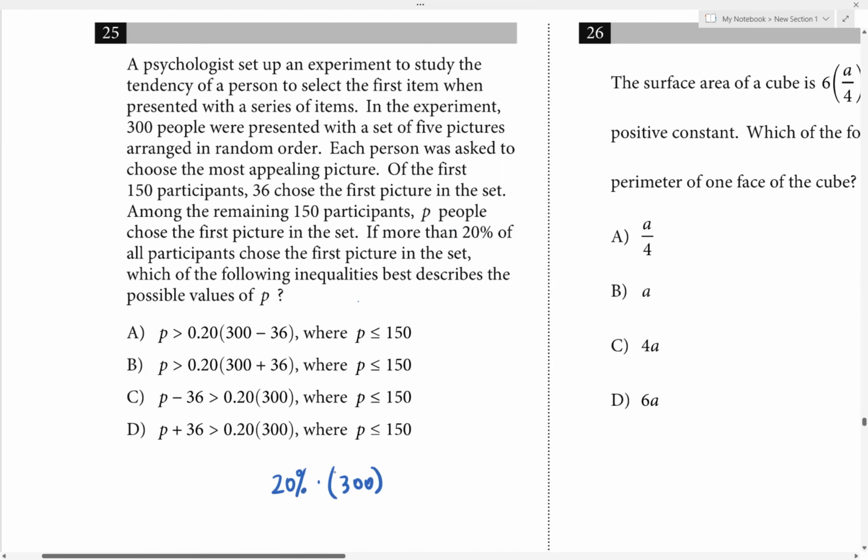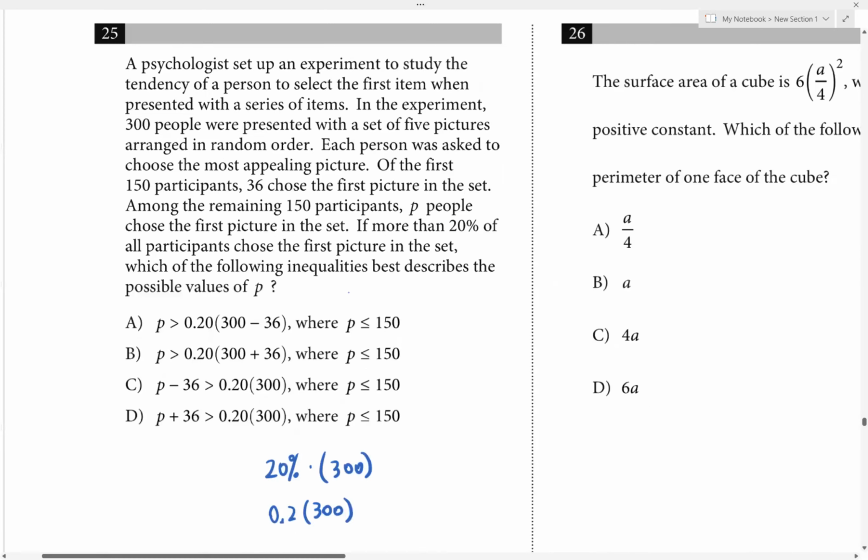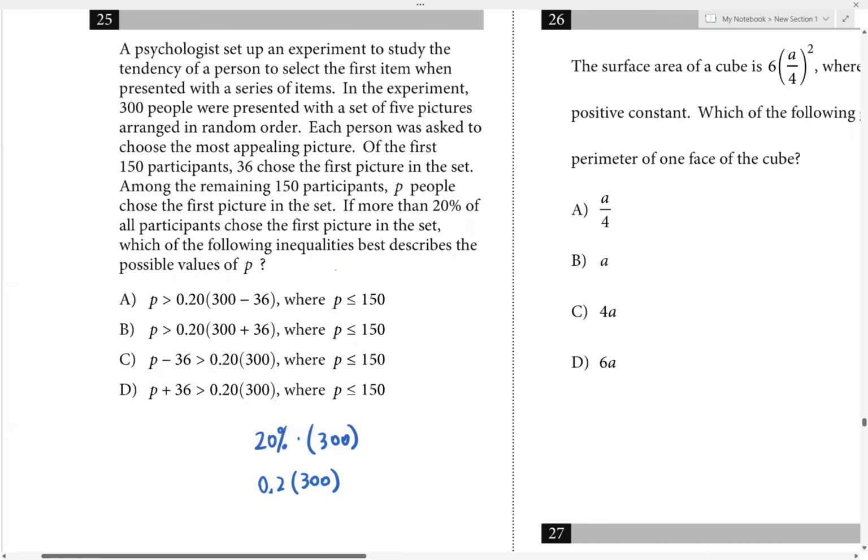The number of people that chose the first picture has to be more than this number. In decimal form, that's 0.2 times 300. It had to be greater than this number.